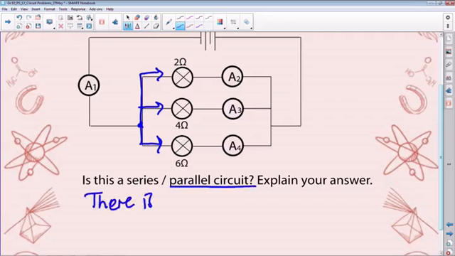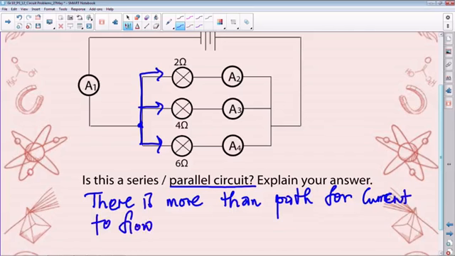Hence, we're saying that a parallel circuit is a current divider, and what remains constant in this case is the voltage.